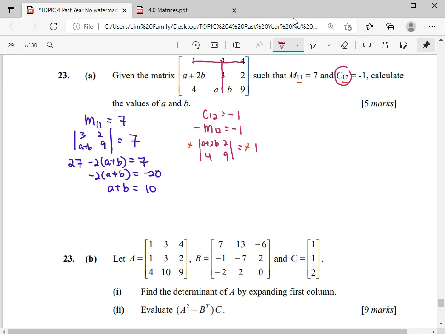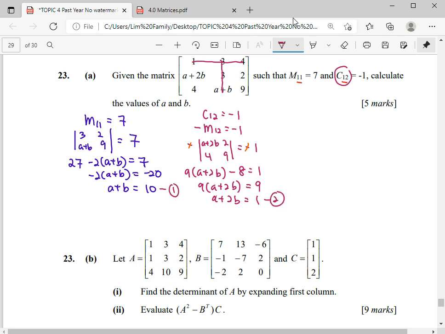This will equal 9 times A plus 2B minus 8 equals positive 1. So simplify it. Move the 8 to the right hand side, 9. Then move the 9 to the right hand side, divide, it becomes 1. So this is the first equation, this is the second equation.